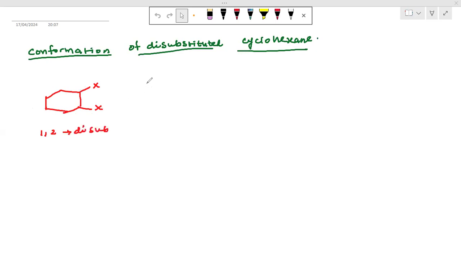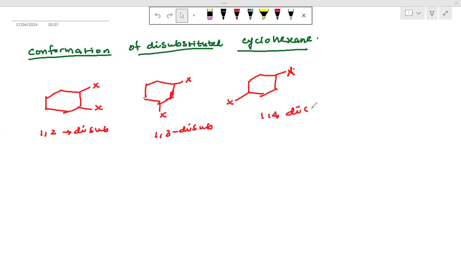In this case, 1,3 disubstitution. The next one, 1,4 disubstitution. Among the 1,2 cyclohexane systems, some show geometrical isomerism, the cis and trans.